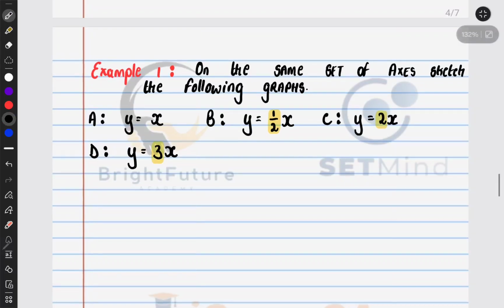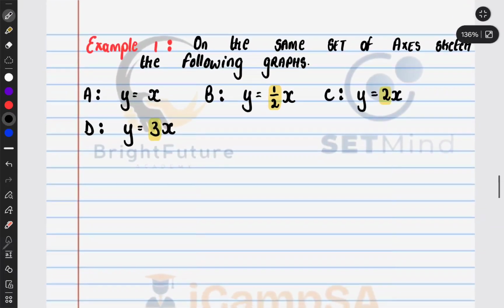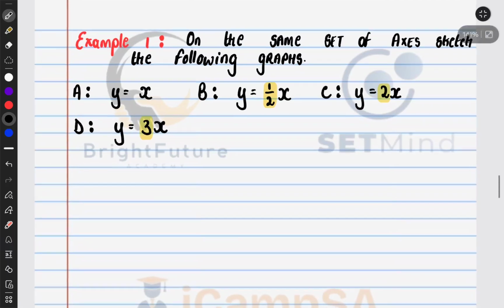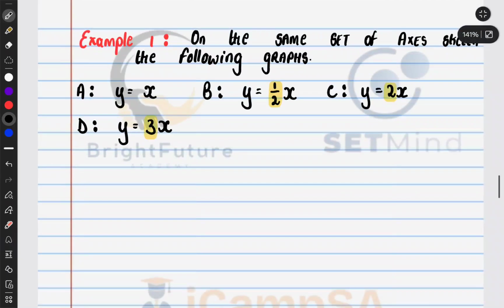Let's quickly sketch these functions. For now, let's just use the table method, not the one for x-intercepts and everything.